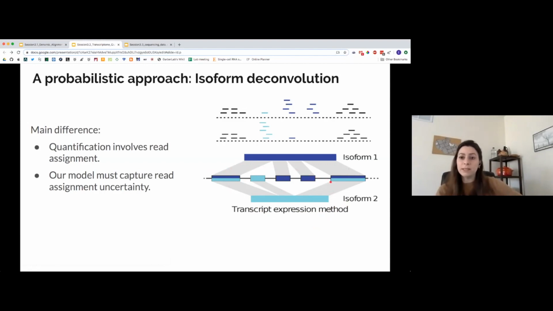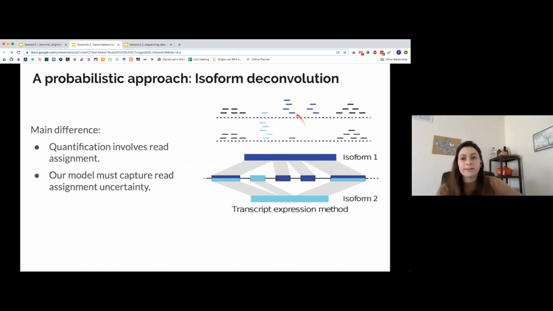What is the probability that each read came from transcript 1 or transcript 2? So it involves assigning these reads to a given transcript, and it must capture the assignment uncertainty. For example, for the light blue and the dark blue reads, because they map to exons that are unique to each isoform, there's no problem there. So you already know where they came from.